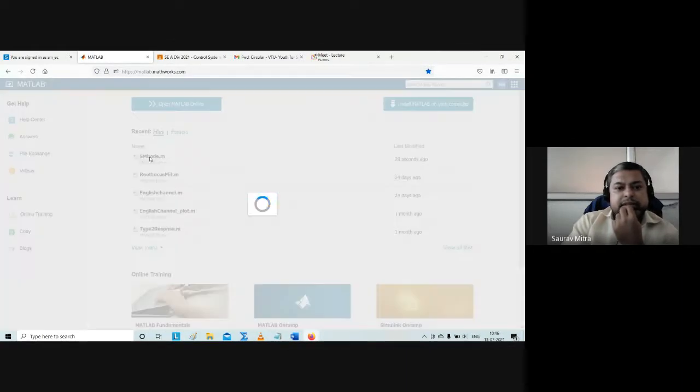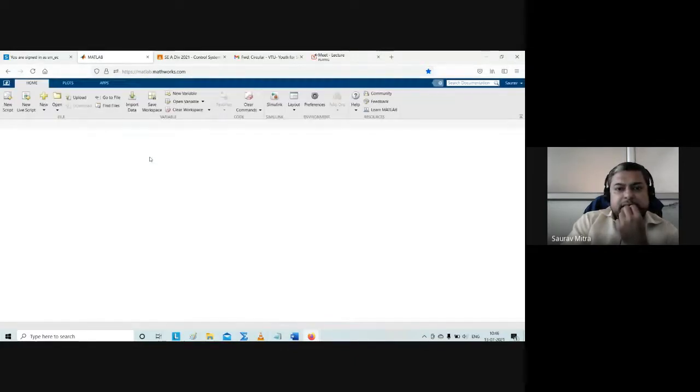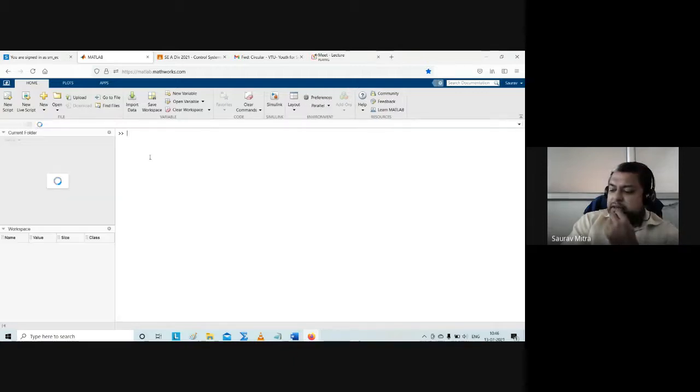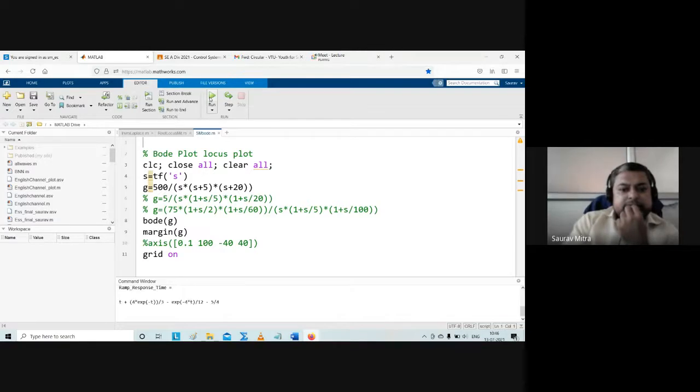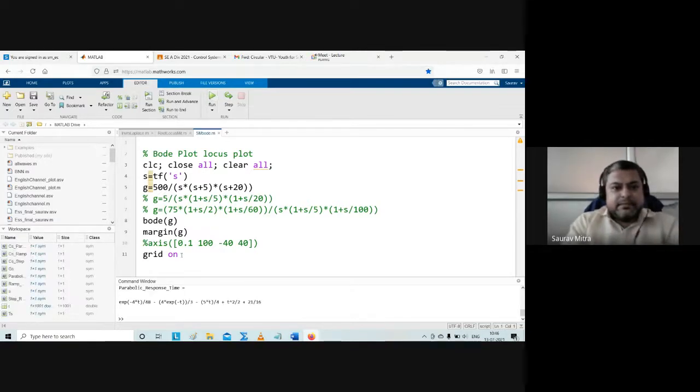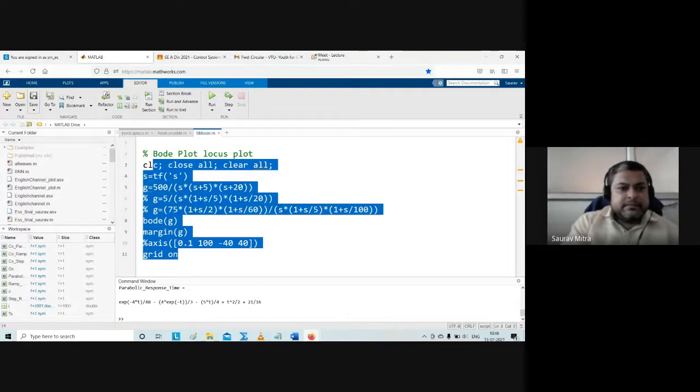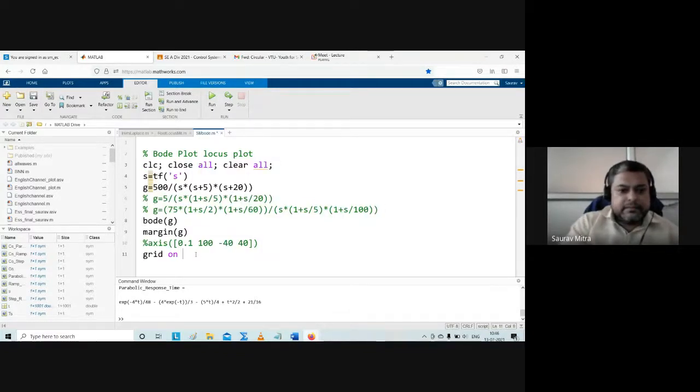Look at the MATLAB, look at the graph and take your cursor on the phase plot at 3.88 radian per second and just tell me how much is the phase at omega GC. It is still executing the previous code.